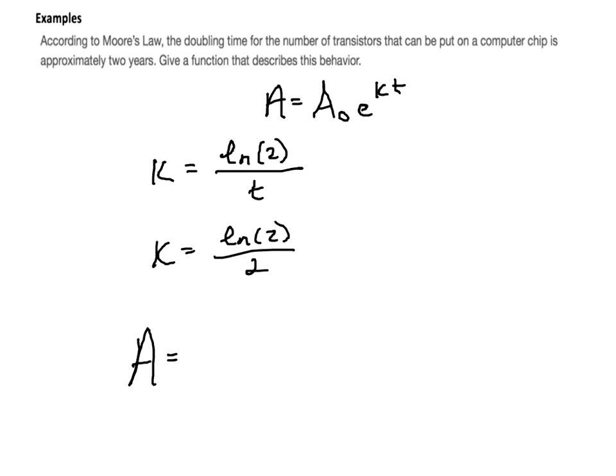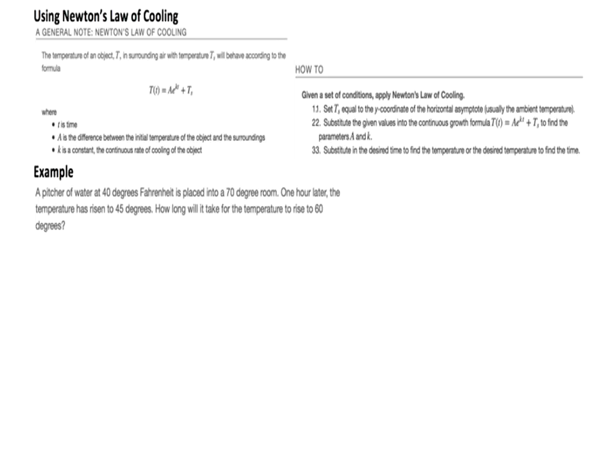My ending amount of transistors is equal to the amount of transistors that I started with per chip multiplied by e to the ln of 2 divided by 2 times the amount of time, in this case in years, that it has been since the first computer chip was created. So that one was for all you computer science majors out there.